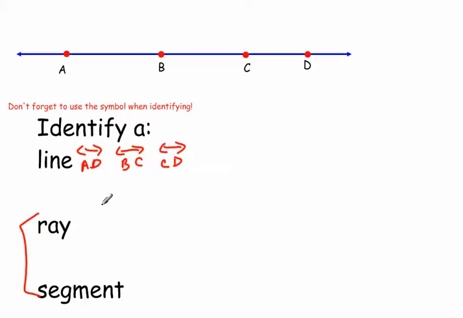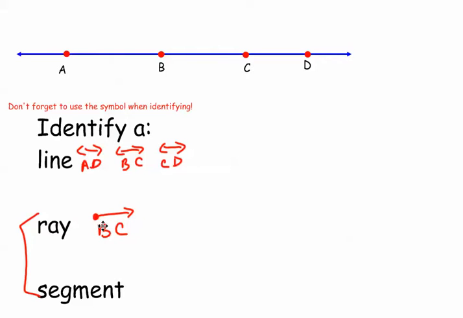So if I wanted to identify a ray, I could use my ray symbol, let's say ray BC. If I look at ray BC, it means that I start here and I go forever in this direction. Does ray BC include the point D? Let's go back up and look. If I start here and I go forever this direction, yes.